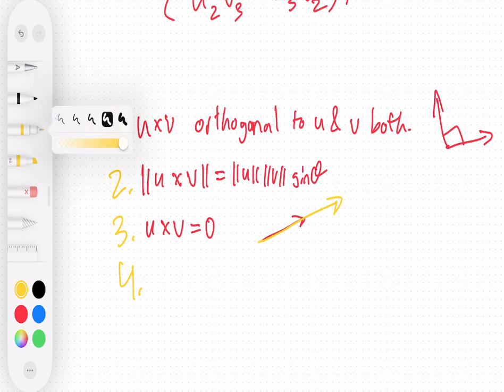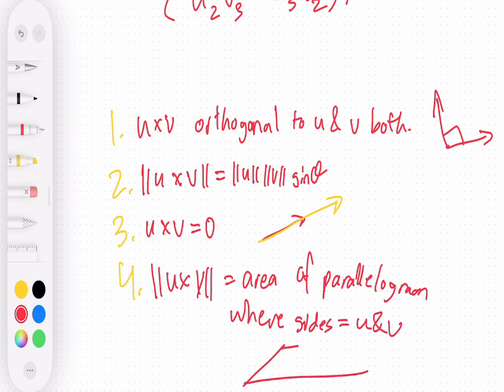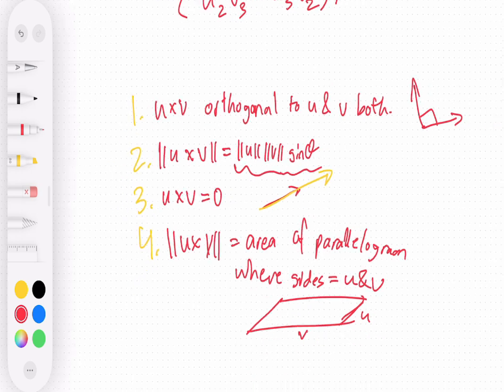And then the magnitude of U cross V equals the area of the parallelogram where the sides equal U and V. So it'll look something like that. And the reason for that, if you remember from trig or geometry, is that this is the area of a parallelogram.